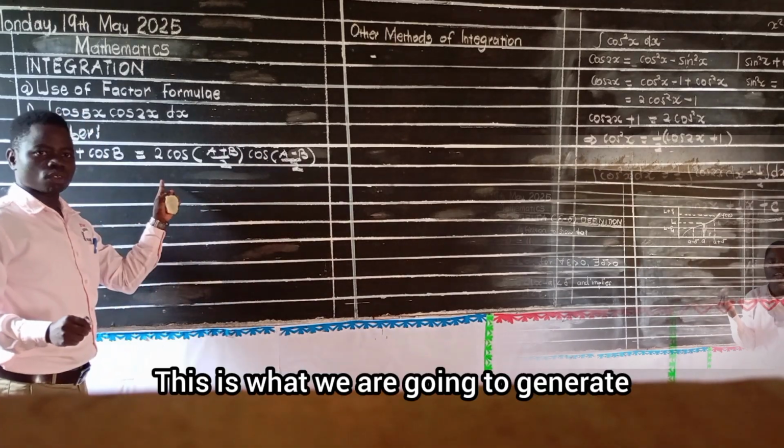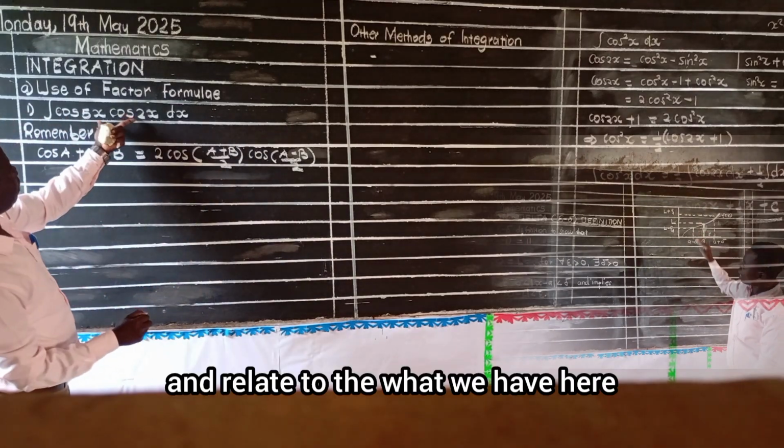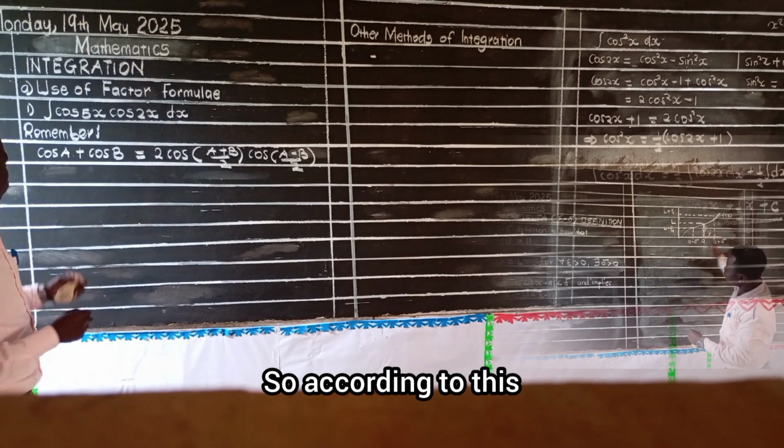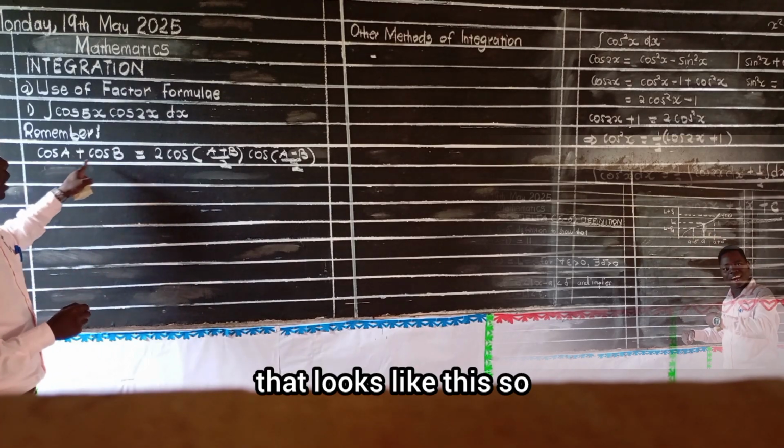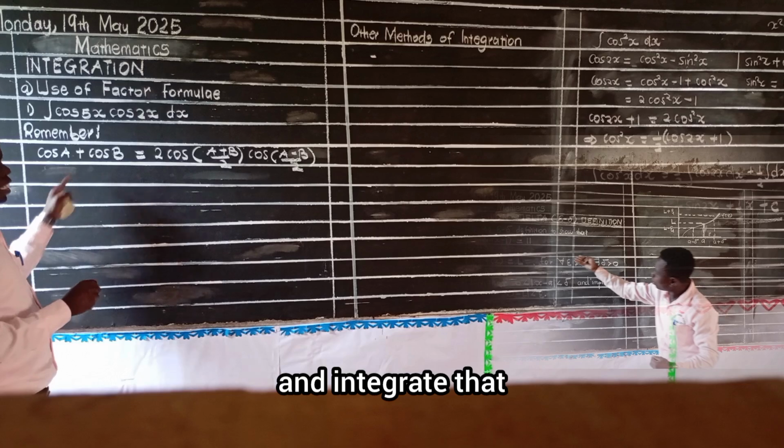Therefore, this is what we're going to generate and relate with what we are given. So according to this, we want something that looks like this, so that we can integrate this and integrate that.